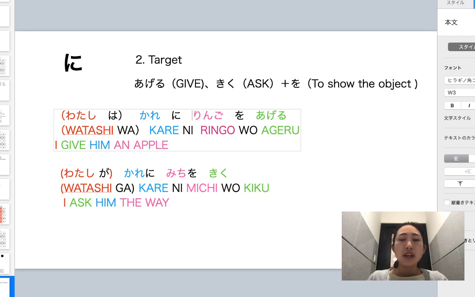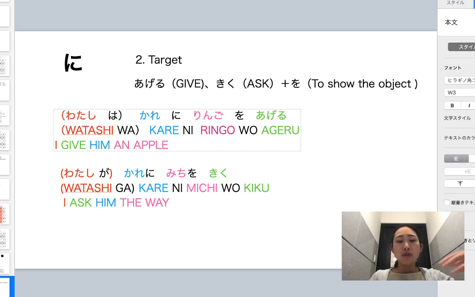When you want to stress リンゴ, the object, you can use は, like 私は彼にリンゴをあげる. And also 私が彼に道を聞く. In that case, I want to say I asked him, not you, or I asked him, not her.